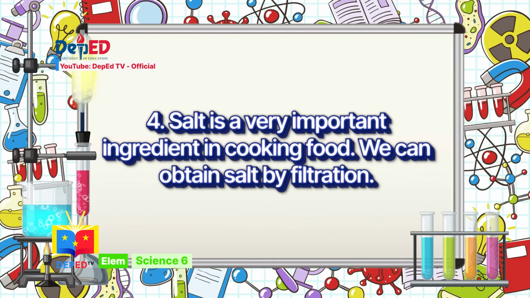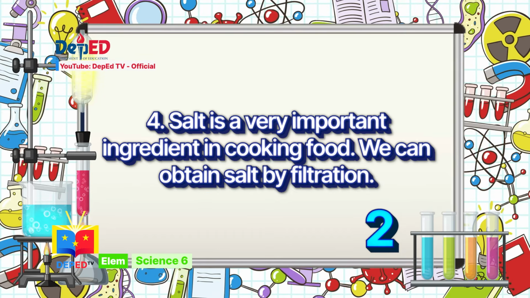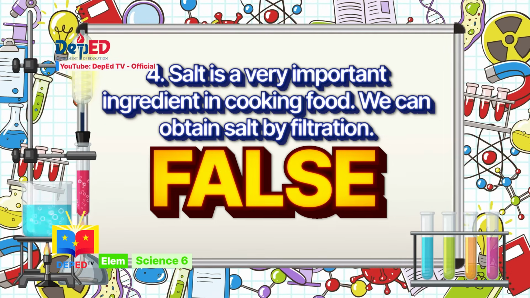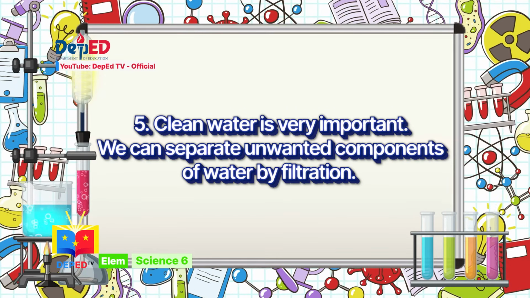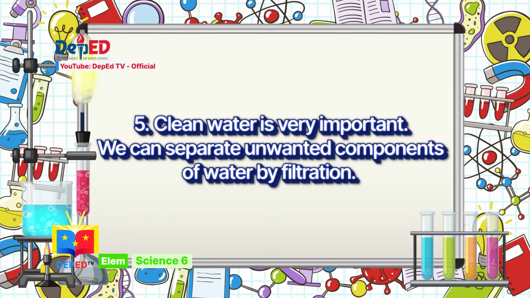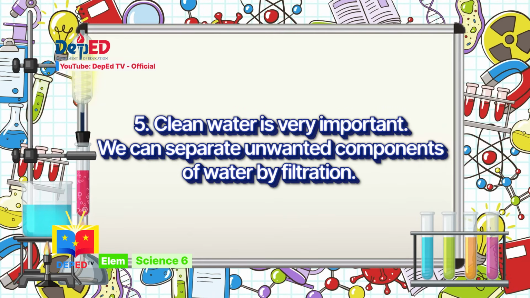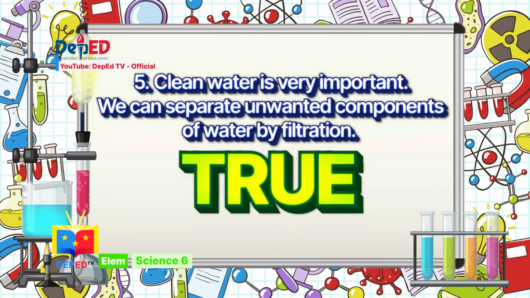We can obtain salt by filtration. The correct answer is false. Number 5. Clean water is very important. We can separate unwanted components of water by filtration. The correct answer is true.